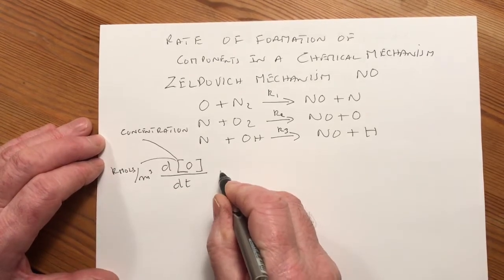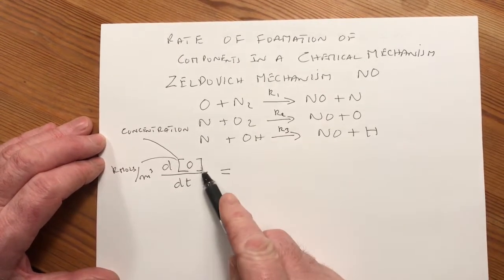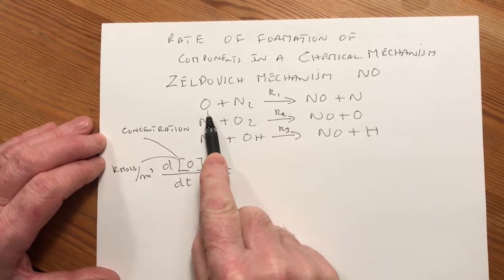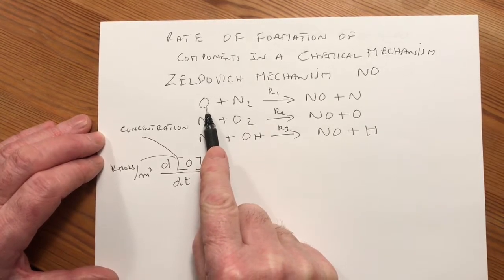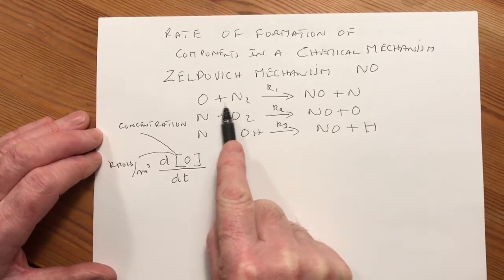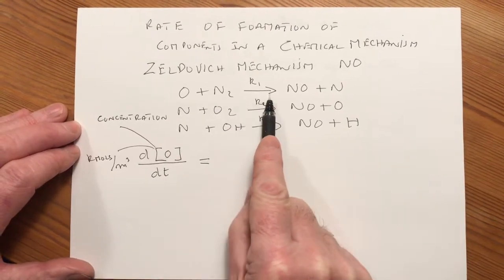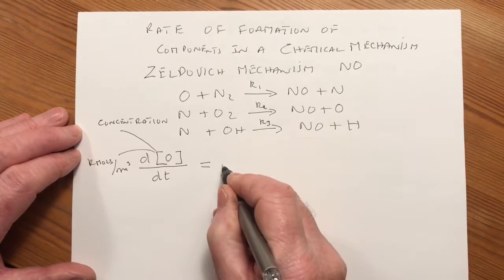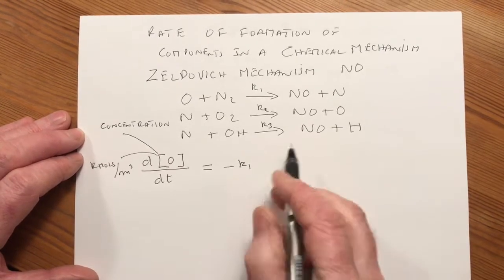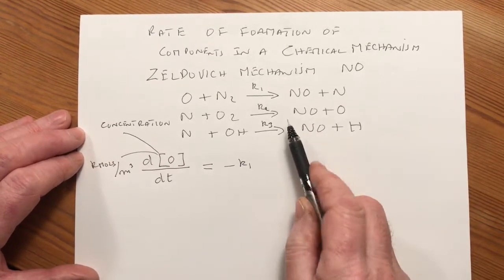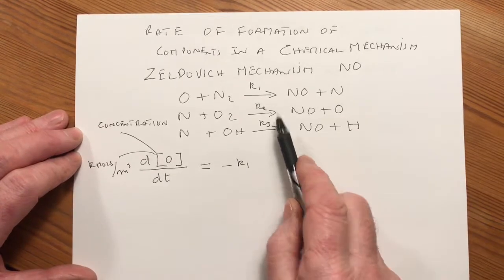So this one is equal to, if we start off with the very first component, that's O. Now the first reaction, we're decreasing the concentration of O, so this becomes minus K1. Now we're talking about the law of mass action.